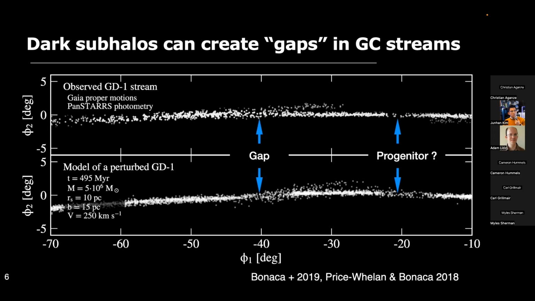That's a little bit compact, with a radius of 10 parsec, and an impact parameter of 15 parsec. And this is probably where the progenitor of the stream used to be. Again, these are all proper motion selected sources in GD-1.